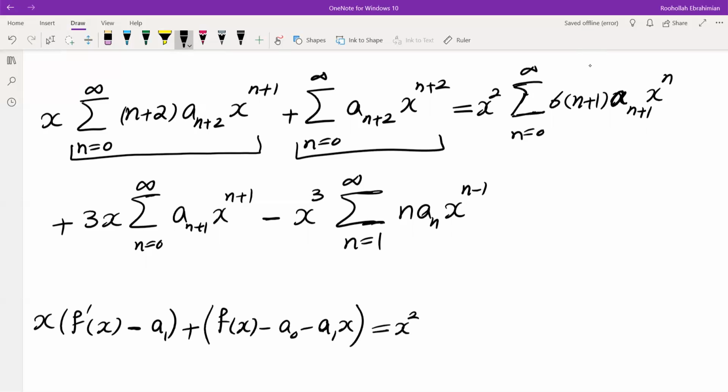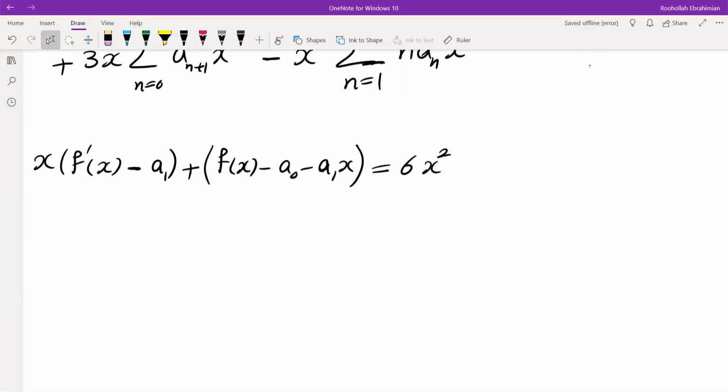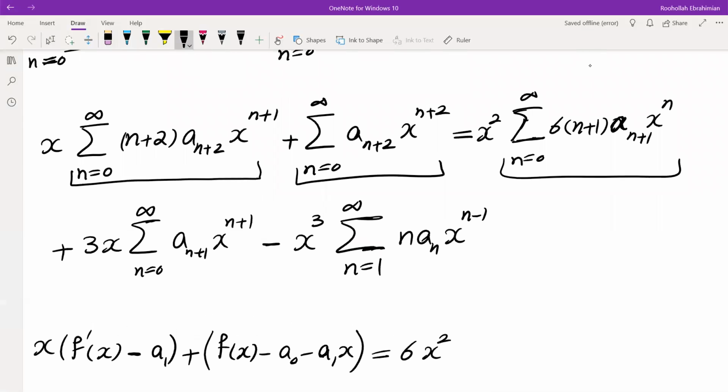On the right, I'm going to factor the 6. So 6x squared. That is essentially the derivative, except that we have to make sure that nothing is missing, and in fact nothing is missing.